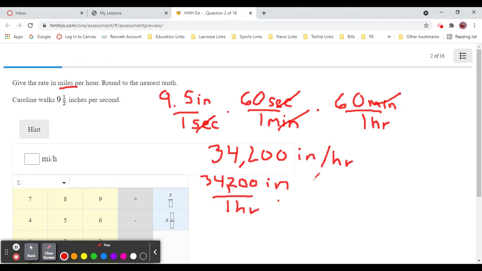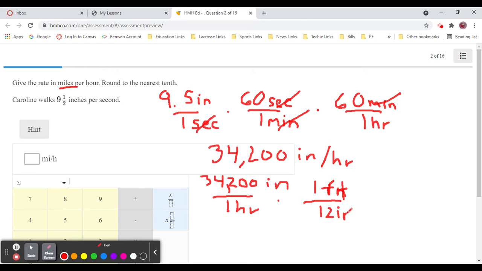Well, in 1 foot there are 12 inches. I put that in the wrong place, sorry about that. It should be 1 foot right there. You can see 1 foot is 12 inches.